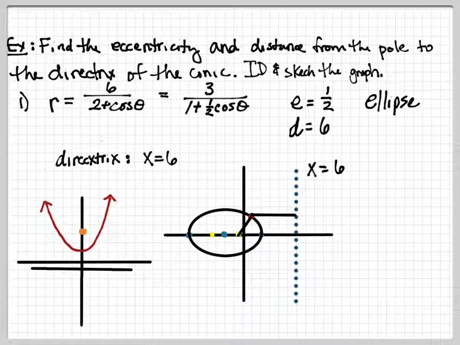Then every point on my parabola is an equal distance. I told you this is not going to be good. That's a little bit more convincing. Equal distance back to the focus as it is to the directrix. Okay, so the distances are equal on a parabola.